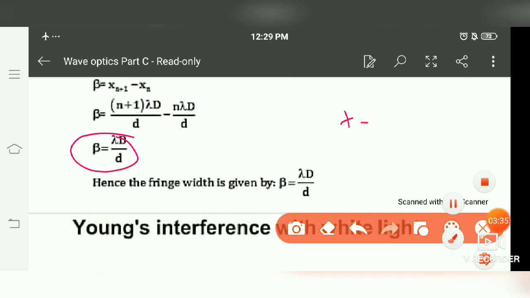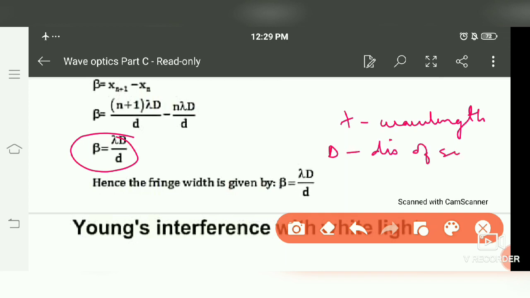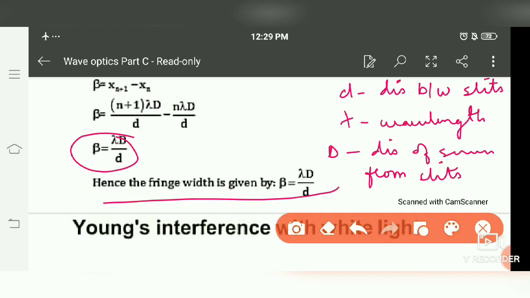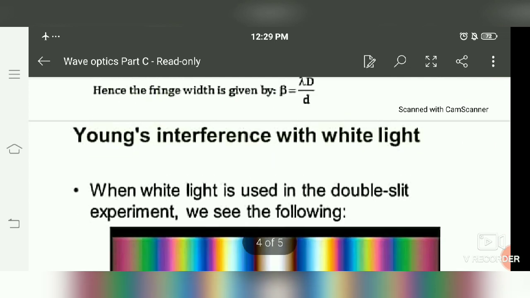Lambda is the wavelength here, capital D is the distance of the screen from the slits, and small d is the distance between the slits. So this is the fringe width. This is the same for the dark and the bright fringes.